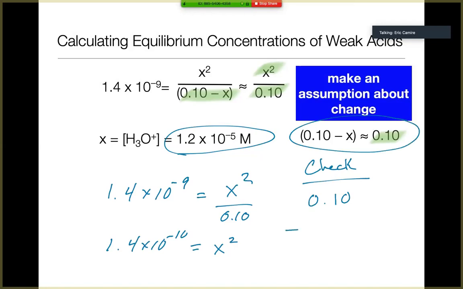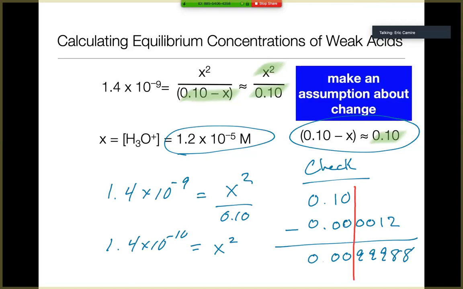I'll take the 0.1 and I'll subtract my X, which is 0.000012. I do that math out. We don't usually use subtraction rules that often with significant figures, but whatever number has the least amount of decimal places is the new one. Oops, I messed up writing the number.